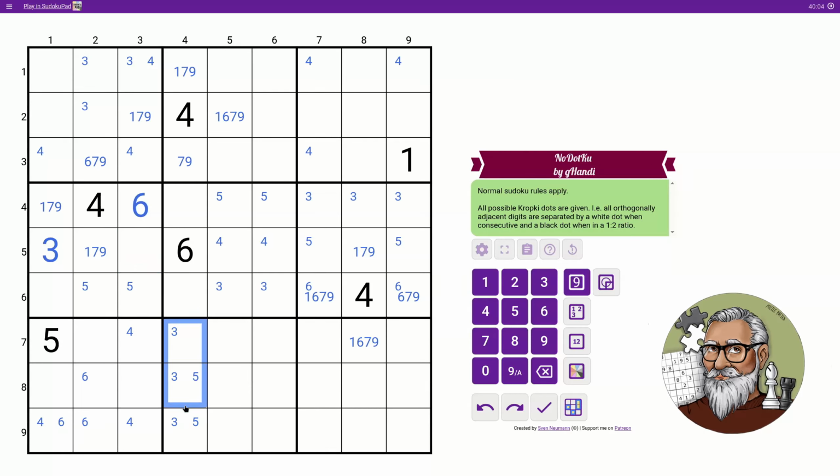If I do put an 8 here, I'm left with something from 1, 7, 9. Well, not 7. So something from 1 or 9 and a 2.